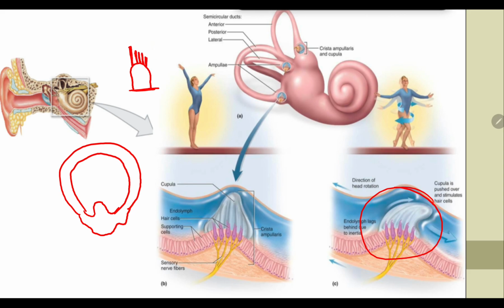Okay, and they also have one long kinocilium. Stereocilia are all the smaller ones, and this longest one is the kinocilium. These structures are present in the crista ampullaris. Now this semicircular canal is filled by a fluid. Yes, the semicircular canal is actually filled by a fluid. That fluid is called endolymph.